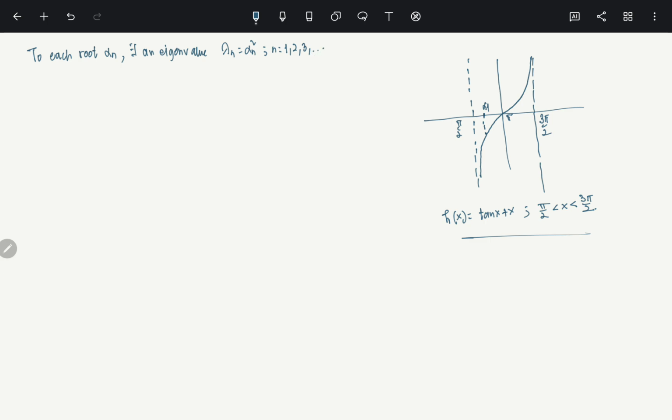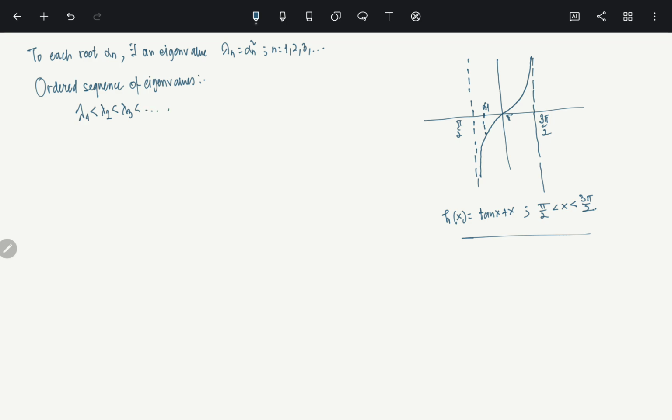So what we have is an ordered sequence, and this is very important, an ordered sequence of eigenvalues. And how does it look? It looks like this: lambda 1 less than lambda 2 less than lambda 3, in this case.